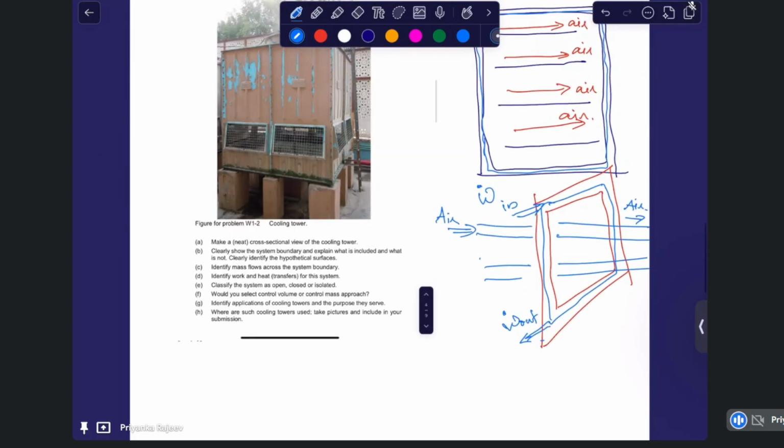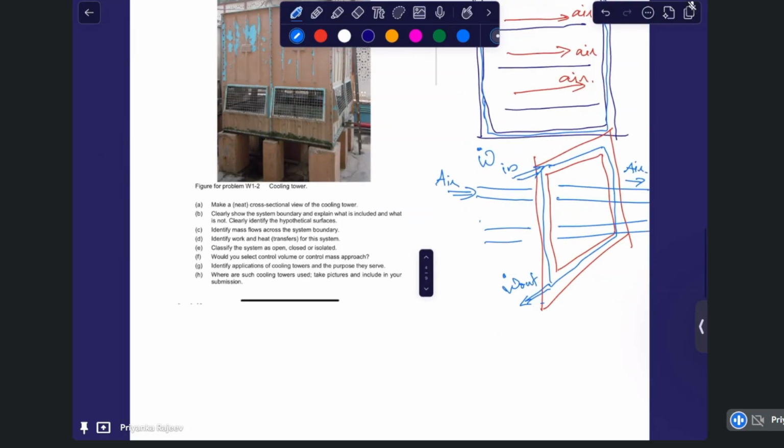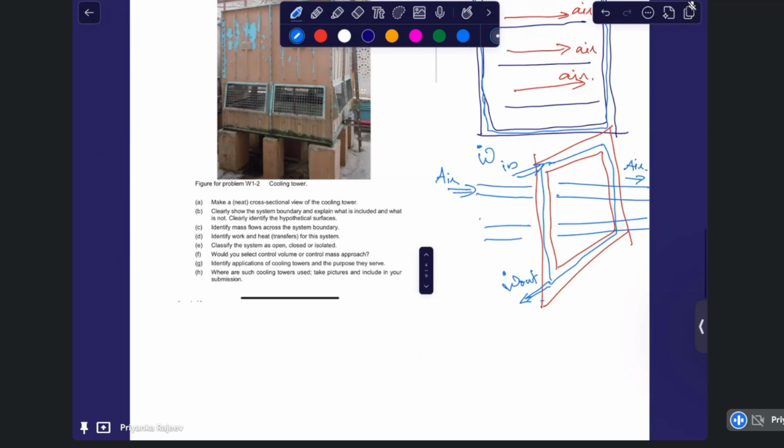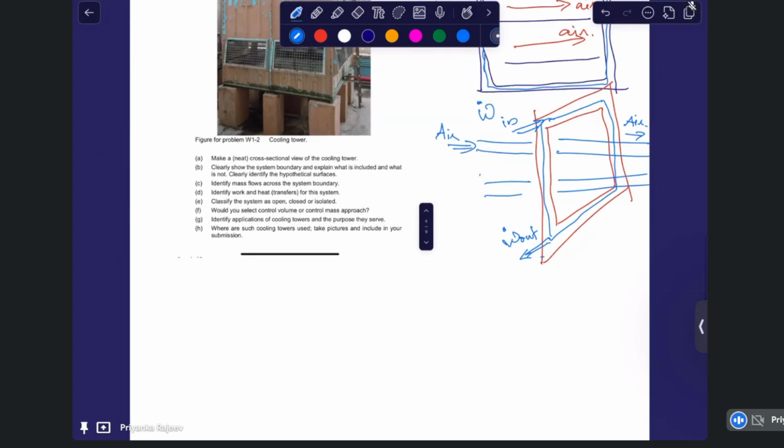Then heat transfer is happening from air to water or water to air. If water is treated as the hot thing over here, and water is getting cooled by convection of air, then heat transfer is happening from water to air. Then work input is negligible if you are not thinking about a pump inside or outside the system. If there is a pump, then there is some electrical work done. Otherwise, there is no work done.